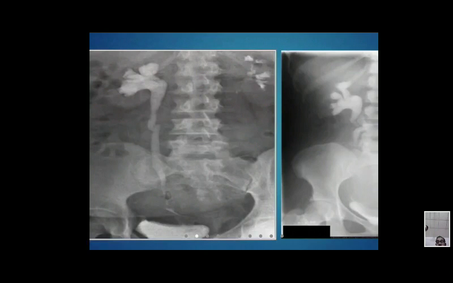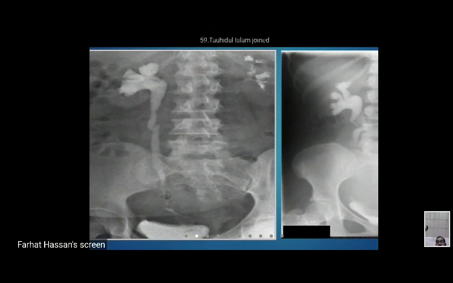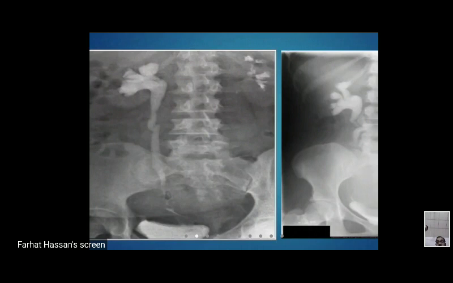So what is the treatment of hydronephrosis? It is treatment of the cause. In case of stone, it is removal of the stone. If it is due to carcinoma prostate, the treatment is prostatectomy.